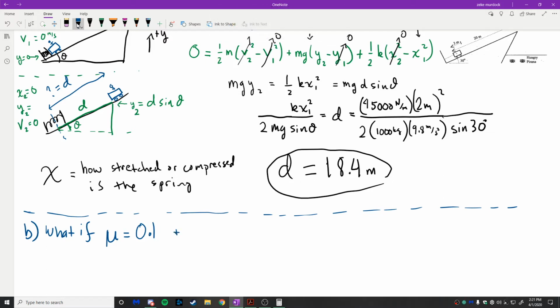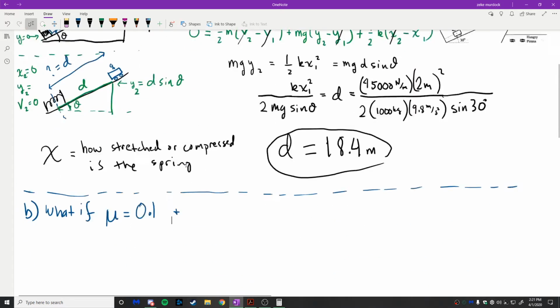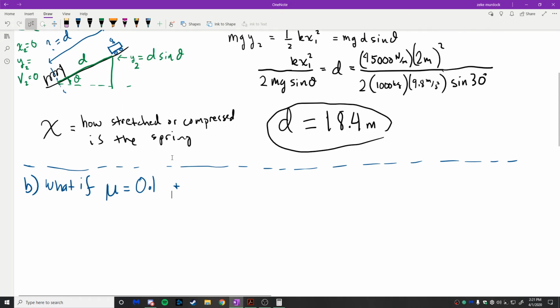And let's say we ask the following question. How much should we compress the spring so that the people on the ride get right to the top without actually falling over, if that makes sense.